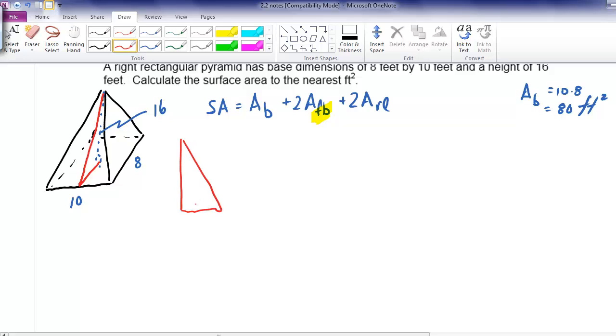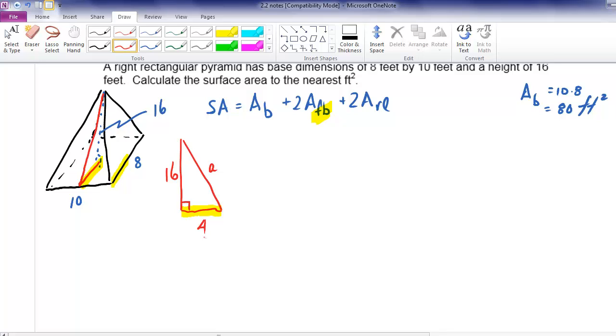I'm going to call this A. I know that the height of that is 16, and I know that the base, this distance here, is the same as that distance there, and that distance there is half of 8. So what I know is, I know that. And that allows me to use Pythagoras and figure out how long that red line is.